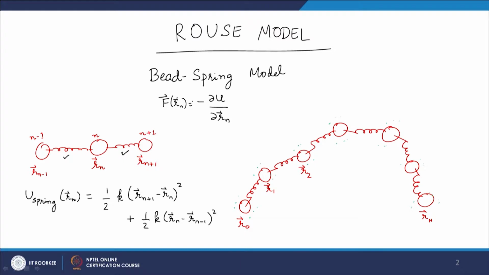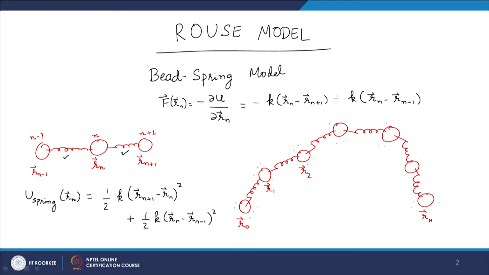So, we have minus k of (Rn minus Rn plus 1), minus k of (Rn minus Rn minus 1). They are the two spring forces.